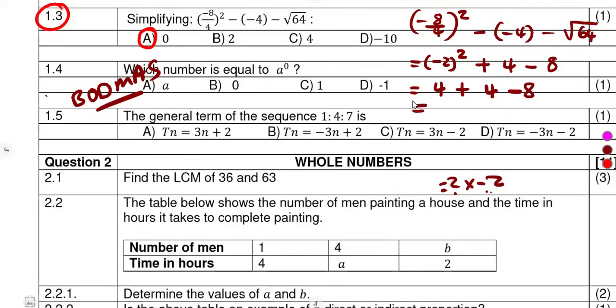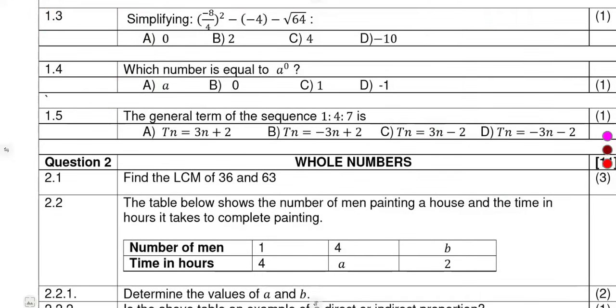According to our BODMAS, we can start with addition. So you can add 4 plus 4, which is 8. Then we've got this minus 8 at the end. 8 minus 8, that was going to give us what? A 0 there. So as we can see, the same answer, just like the previous case where we used our calculator at once.